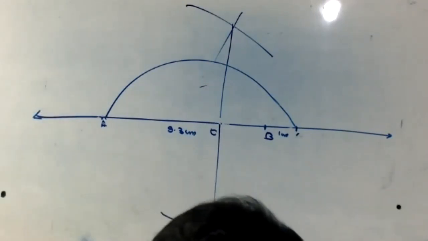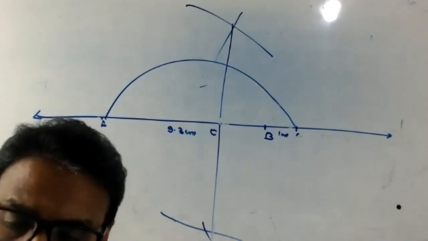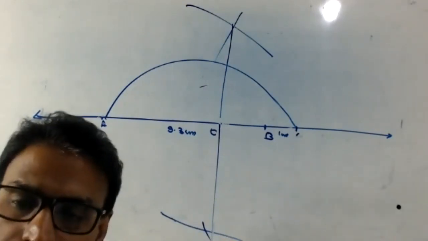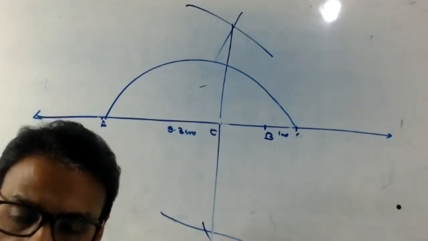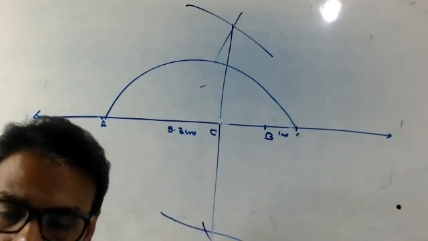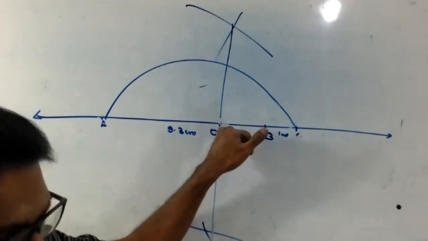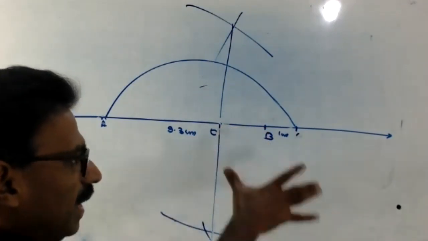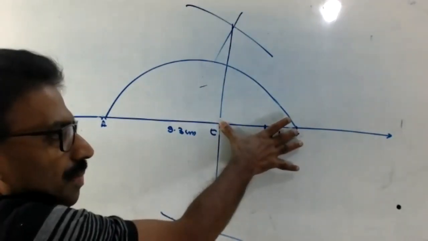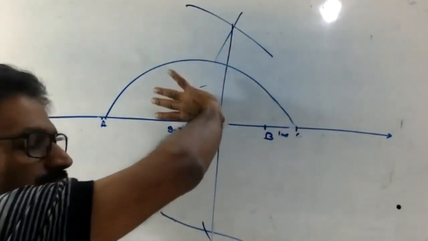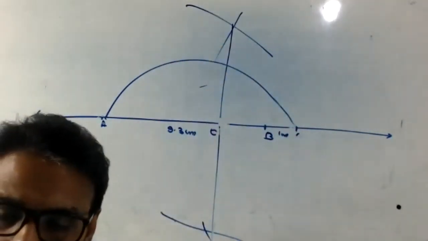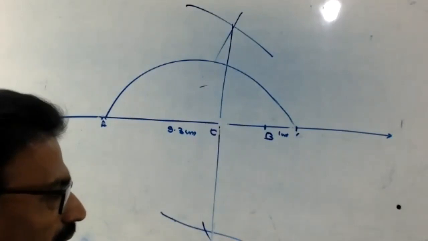Is this step understood? Listen. Keep the compass here first, the sharp point, and draw a circle like this. Then next step is what?